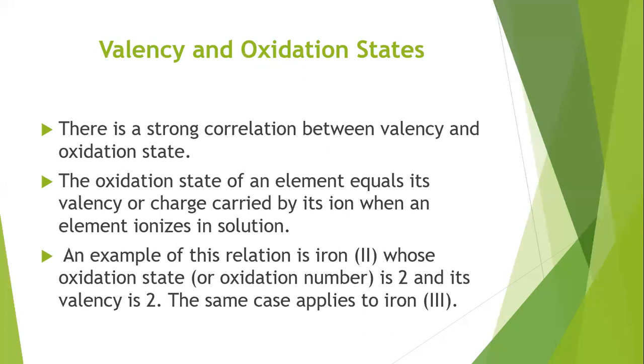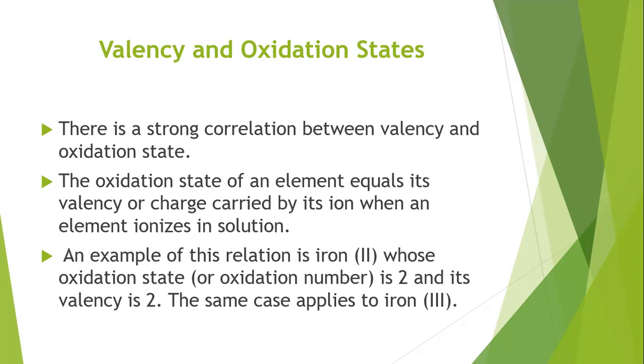Now, let's see also the concept of valence and the oxidation states. There's a strong correlation, or a relationship, between valence and the oxidation state. The oxidation state of an element simply equals its valence, or the charge carried by its ion when an element ionizes in solution.